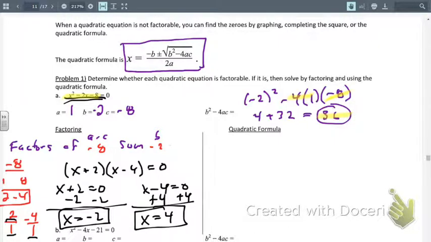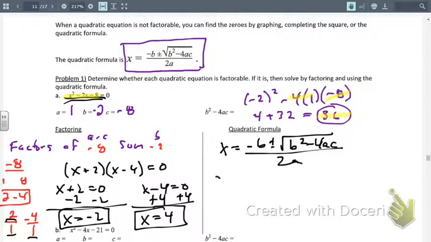Now let's solve using the quadratic formula. So we know that x equals negative b plus or minus the square root of b squared minus 4ac all over 2a. So we have a negative b, and your b is negative 2, plus or minus the square root of b squared minus 4ac.